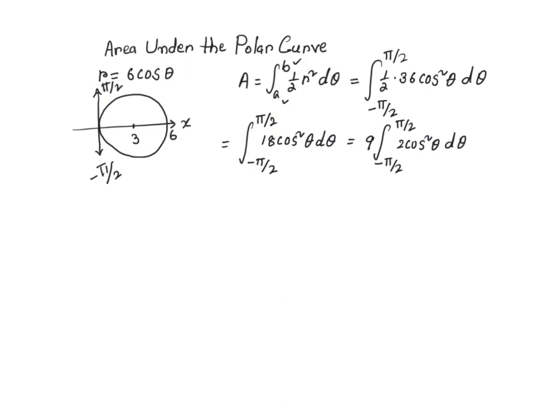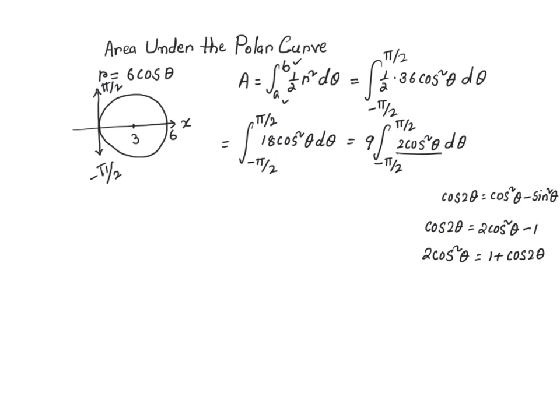Now you remember cosine of 2 theta is equal to cosine squared of theta minus sine squared of theta, which I could simplify to cosine of 2 theta is equal to 2 cosine squared of theta minus 1, or equivalently, 2 cosine squared of theta is equal to 1 plus cosine of 2 theta. And that's why I kept 2 cosine squared of theta inside the integral.